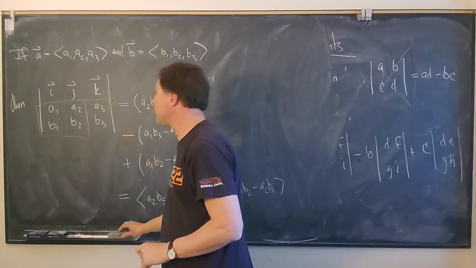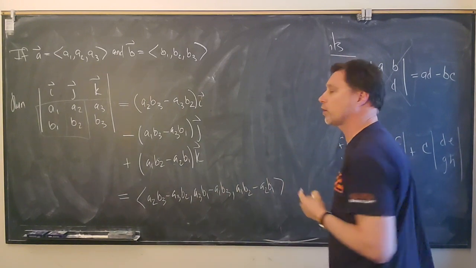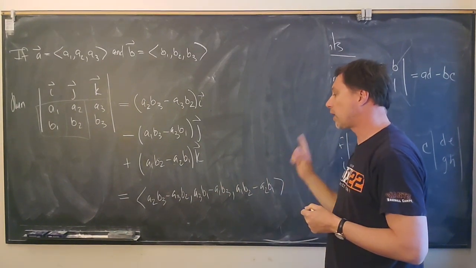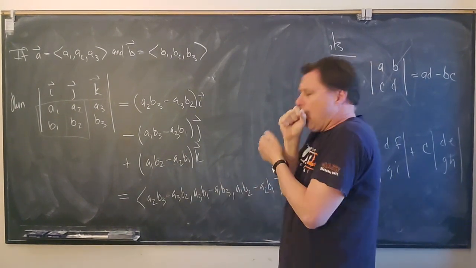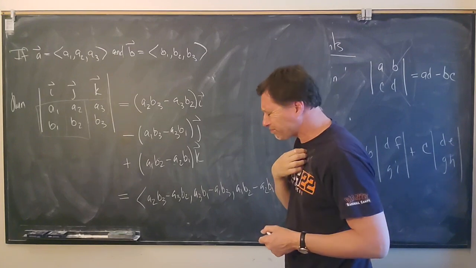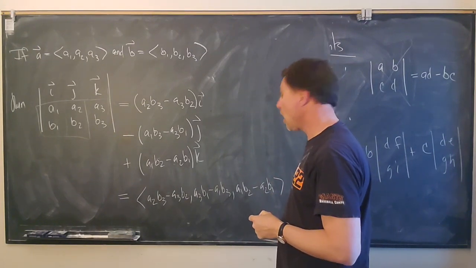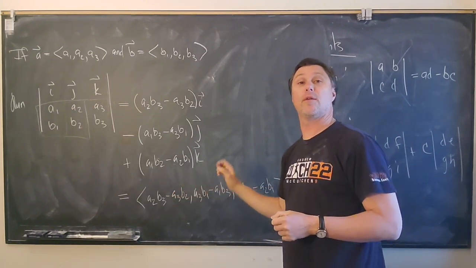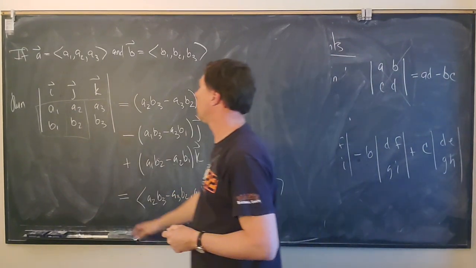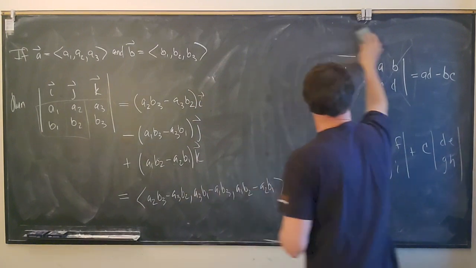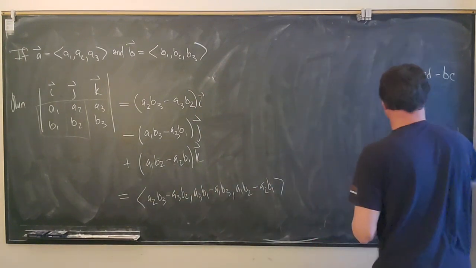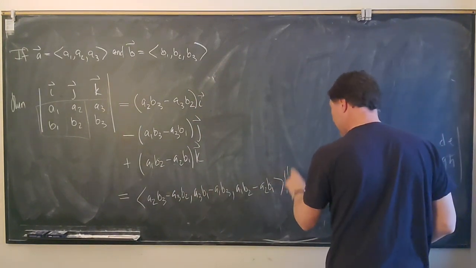And now if you notice, take a look at the formula I first gave you. This is exactly what I wrote down when I wrote down the definition of the cross product of A and B. And so, I'm going to put some exclamation marks there.